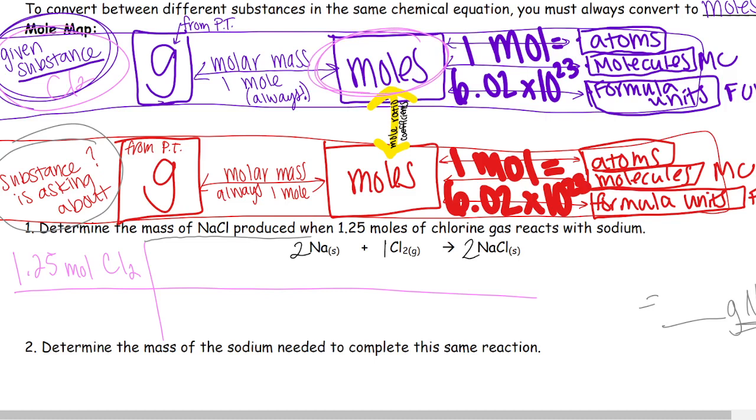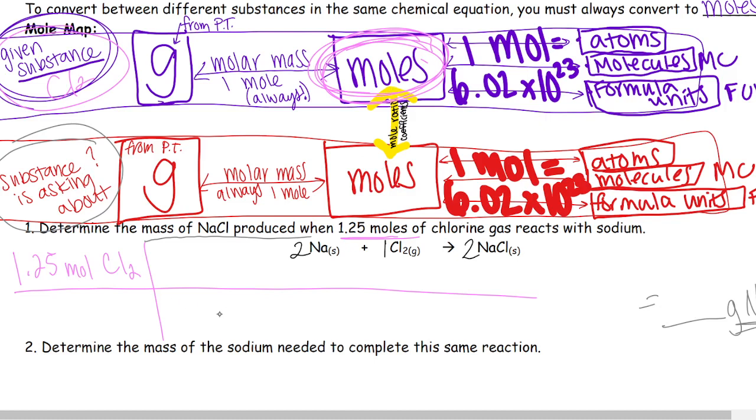So I have 1.25 moles of chlorine. From moles of chlorine, there are a whole lot of different places that I can go. I can go to grams of chlorine, I can go to atoms, or molecules, or formula units of chlorine. We already said it'd be molecules because chlorine is a molecule. Or if I want information on a different substance, I can go down into moles of that second substance.